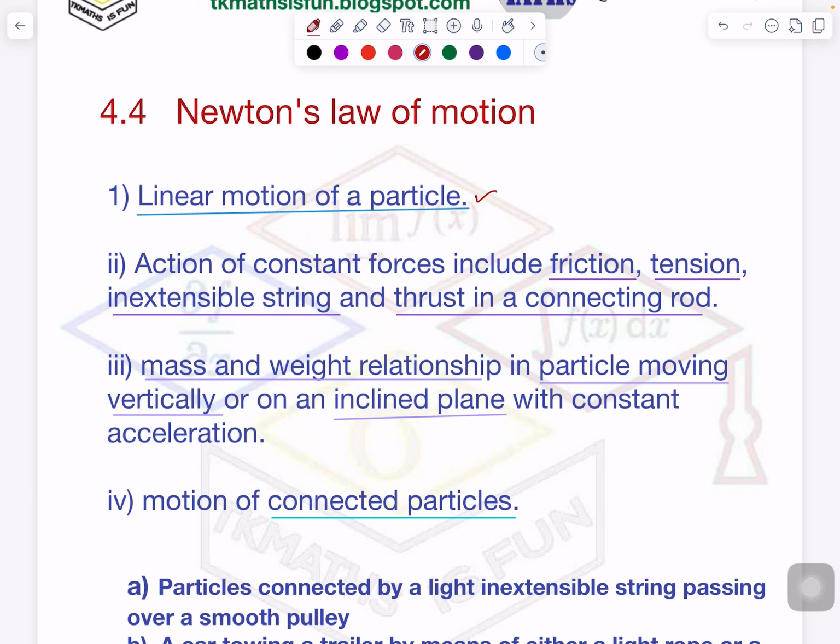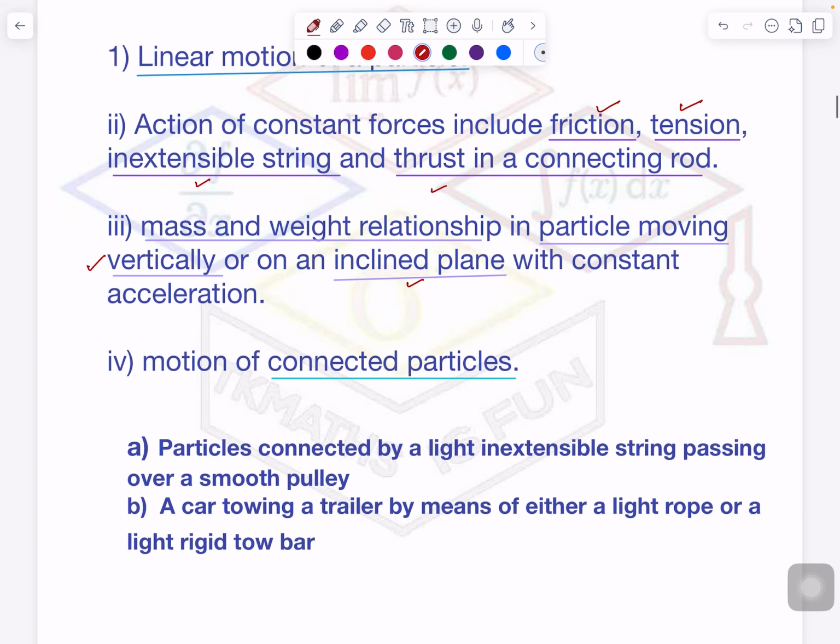Now Newton's law of motion: linear motion of the particle, action of constant force including friction, tension, inextensible string, thrust in a connecting rod, mass and weight relationship in particle moving vertically and on the inclined plane with constant acceleration, and motion of the connected particle. Now in connected particle, we study the inextensible string passes over a smooth pulley.